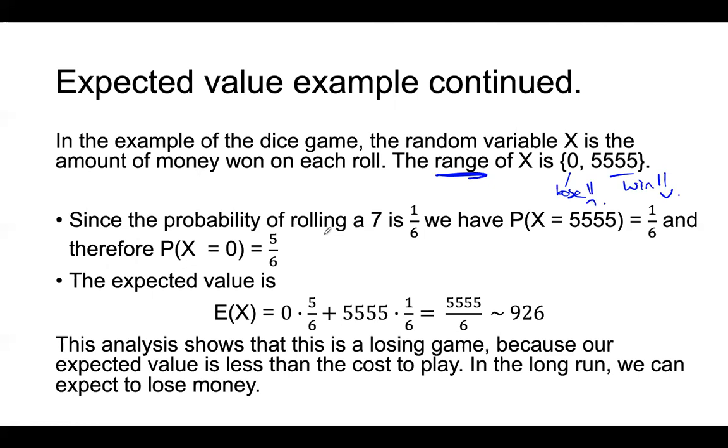So since the probability of rolling a 7 is 1/6, we have this is our probability, and the probability of losing essentially is 5/6. So you end up with this expected value. So the analysis shows that this is a losing game because our expected value is less than the cost to play. In the long run, we expect to lose money.